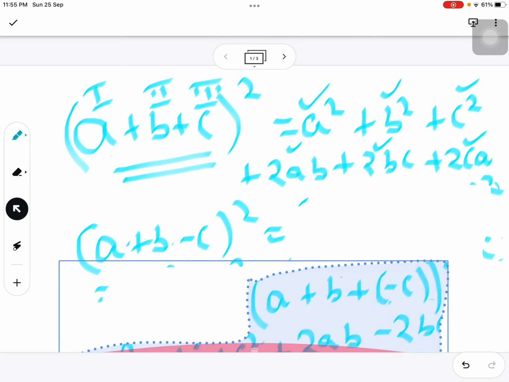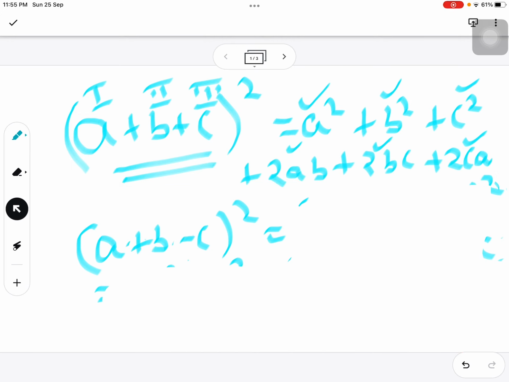Again we can have one more variation. Suppose you have something like this, minus a plus b plus c.